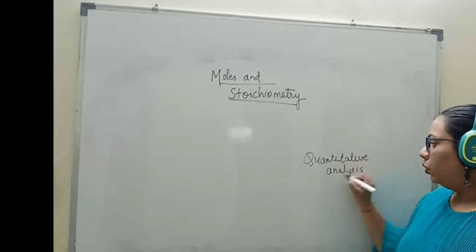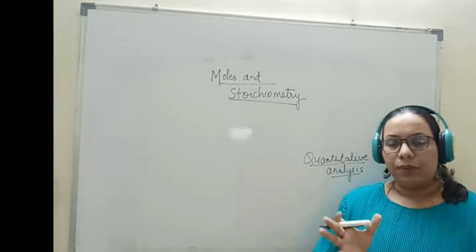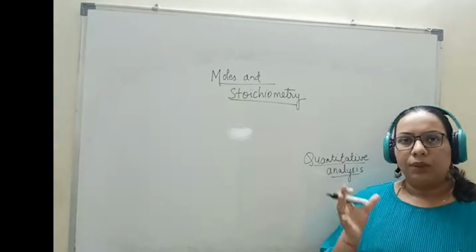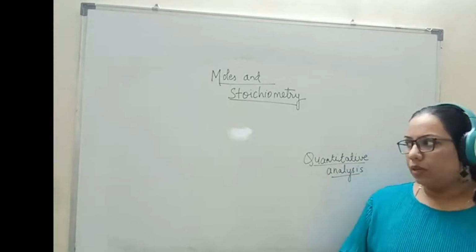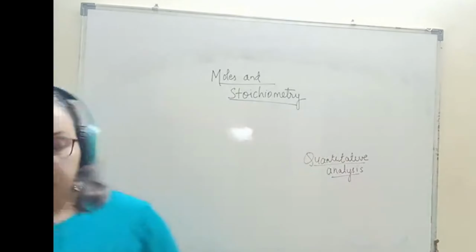Samples are given to you, and you check how much carbon is present in a given sample, how many molecules it has, or how many atoms it has. So a lot of calculated things is what this chapter will be dealing with.